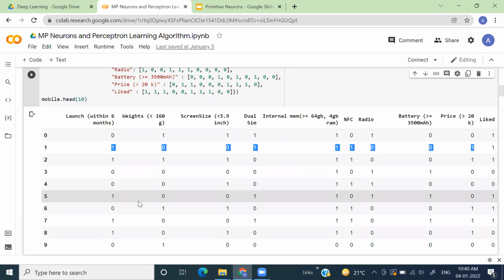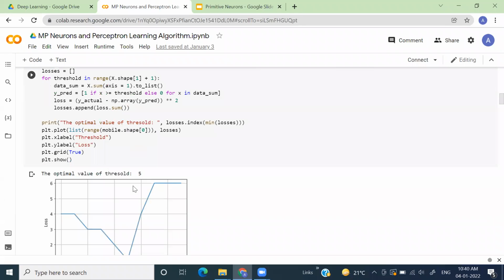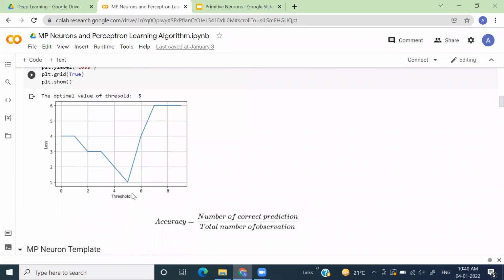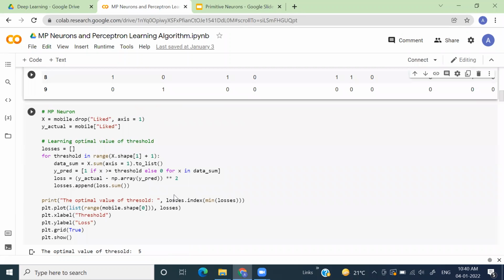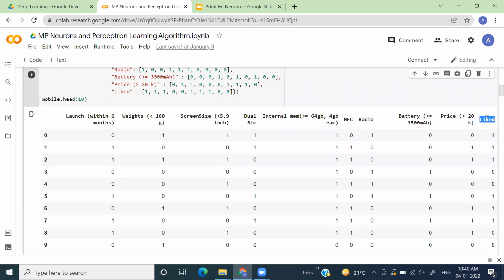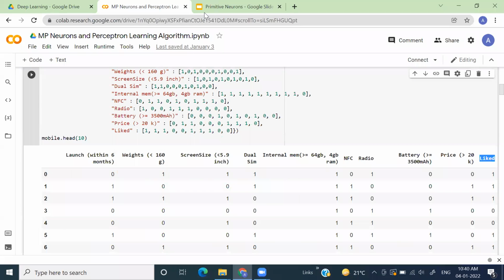You use this data to get the optimal value of b, and once you have learned the optimal value of b, you can use the expression to compute the target variable on future data, right? So this is the Pythonic implementation of the algorithm that we have discussed.